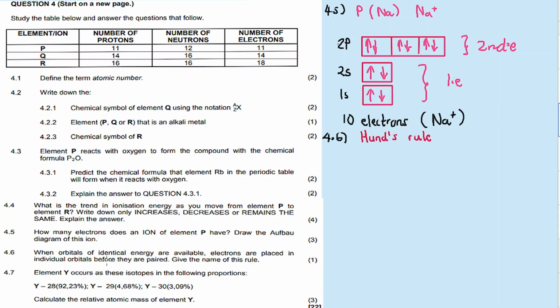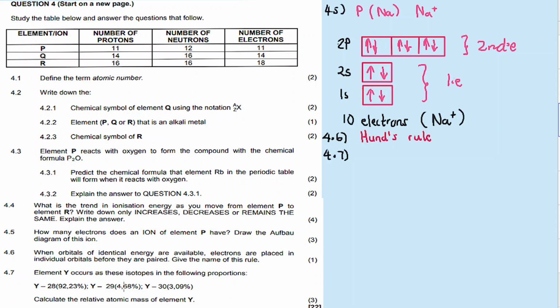And then 4.7. Element Y occurs as these isotopes in the following proportions. Y with 28 neutrons has a percentage of 92.23%.